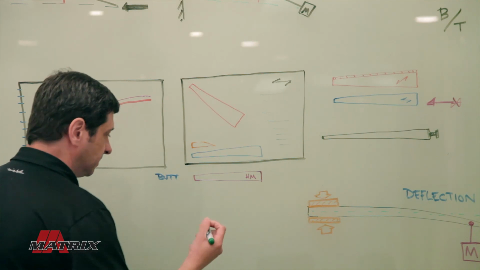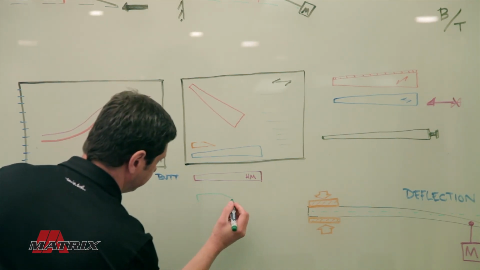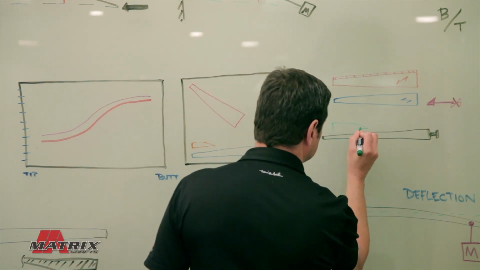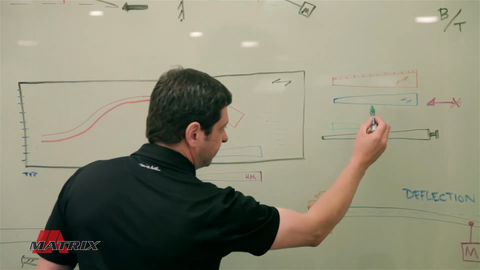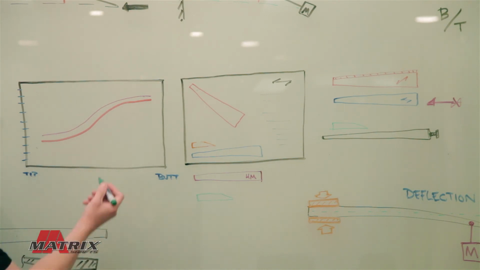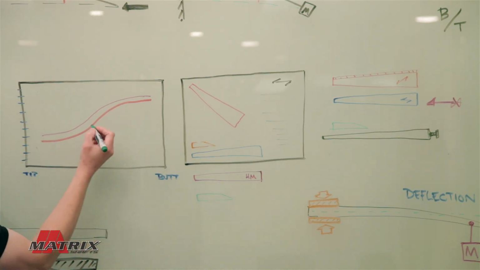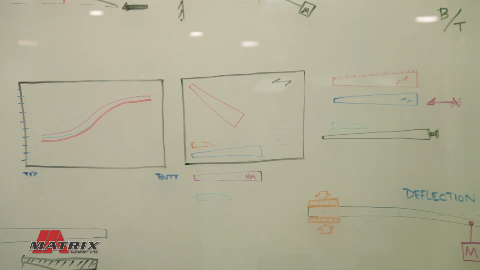So if we made that flag longer and put it in the layup, it's not changing anything in the upper part of the shaft, so the EI profile would stay the same. And then where this flag started, you would see an increase in tip stiffness. So we would do something like that if we wanted to manipulate the kick point of a shaft.